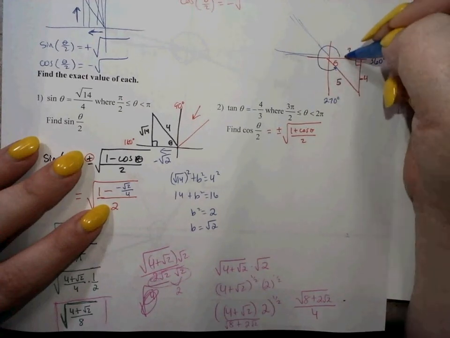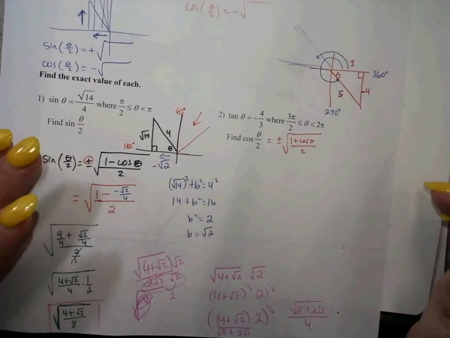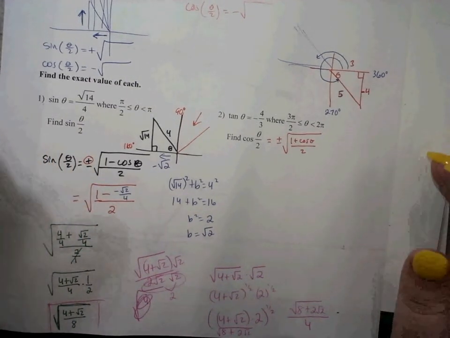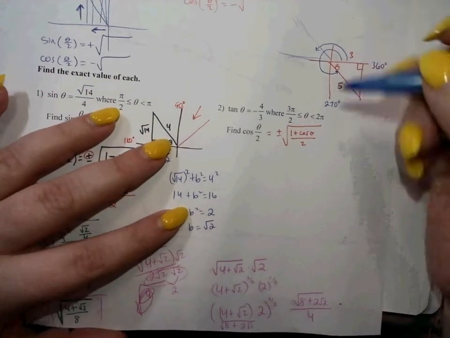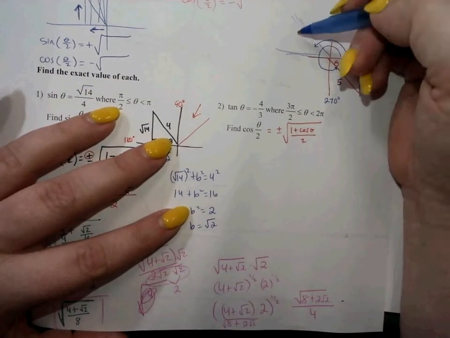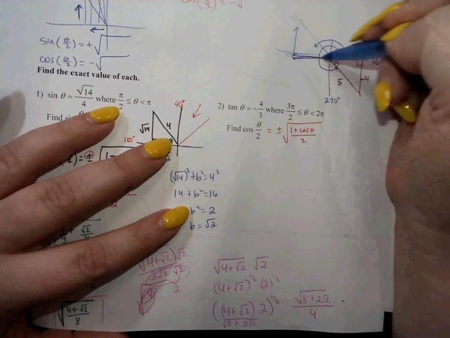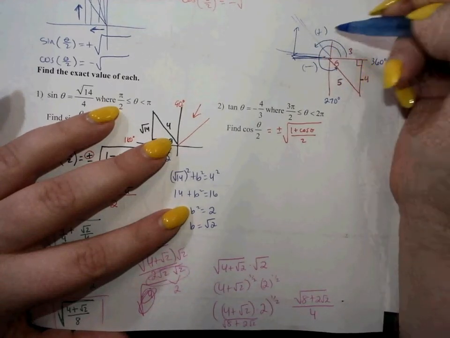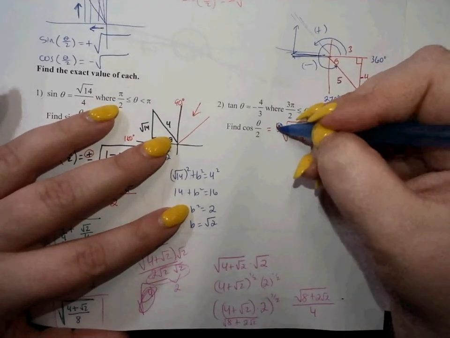So half of this entire angle would be somewhere in this quadrant right here. Okay? Or this quarter of a quadrant. Or half of a quadrant. That was bad. Okay. Which means I'm going to end up with my answer being some kind of go to the left, go up to the right. The cosine of it would be negative over positive. And so we use the negative.